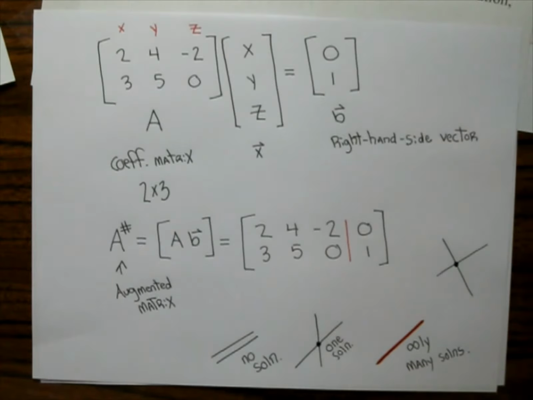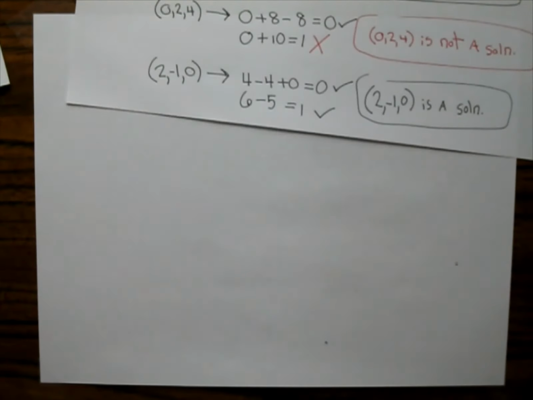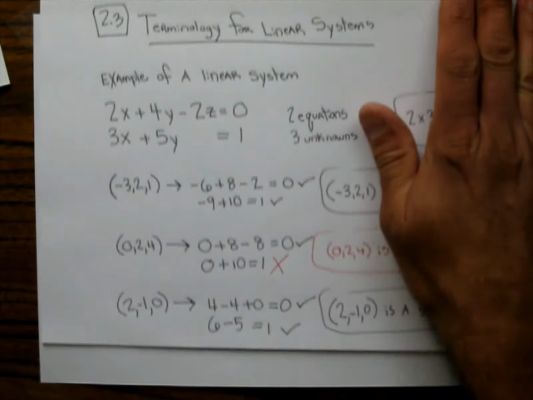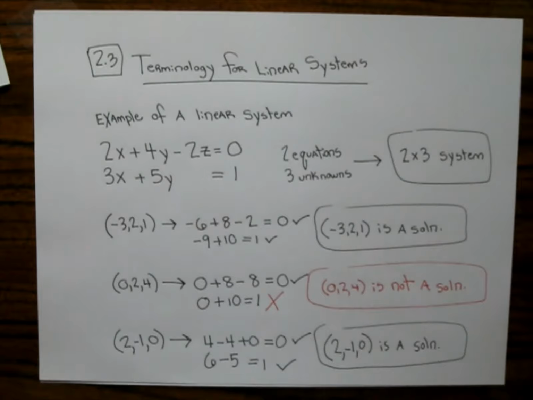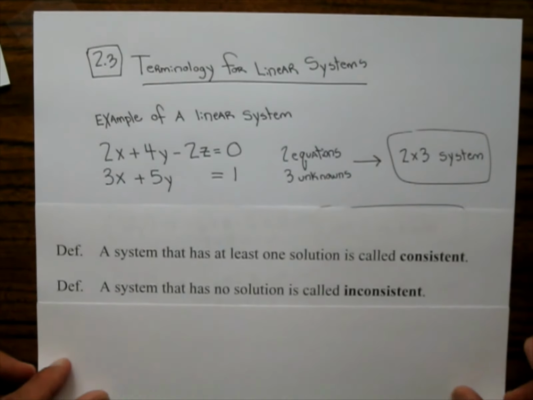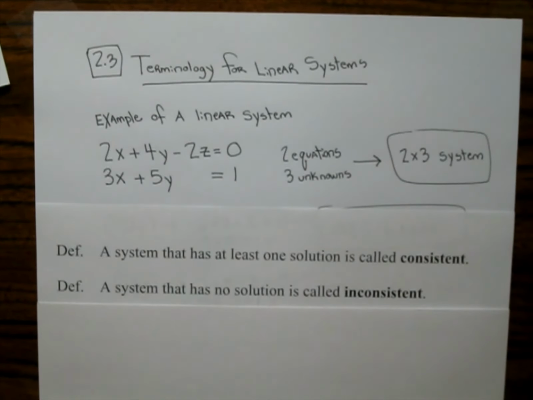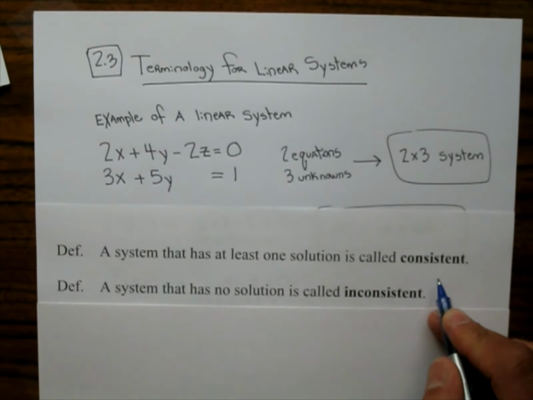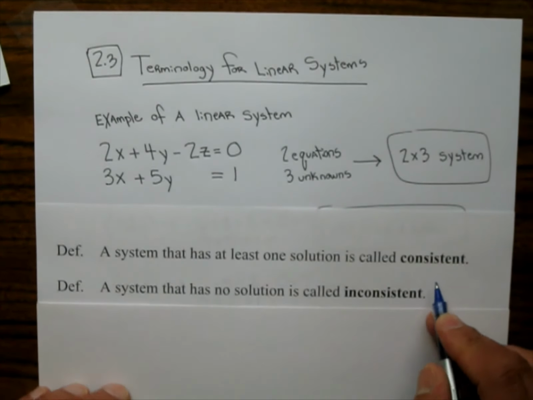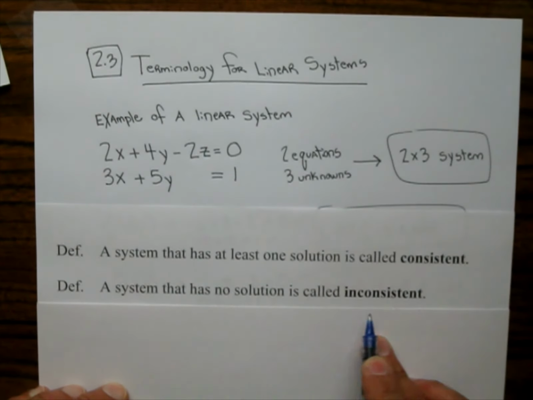Okay, let's take a look at our next definition here. So here is our system here. A system that has at least one solution is called consistent. A system that has no solution is called inconsistent.